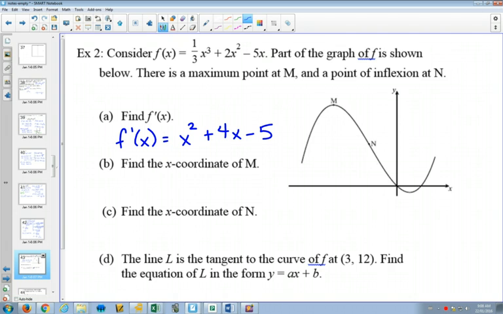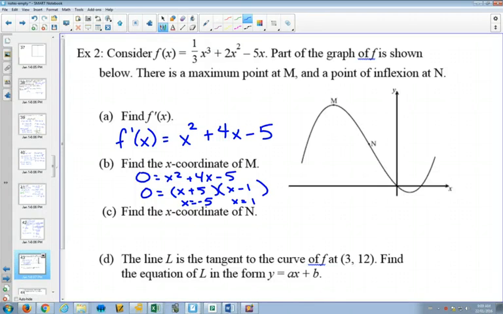So we ask ourselves, how do I find local maximums? Well, I always find my local maximums with either my first derivative test or my second derivative test. But either way, I make my derivative equal to 0 and try to find the x values that work for that. Here, this factors nicely to x plus 5, x minus 1. So we know that our derivative is equal to 0.